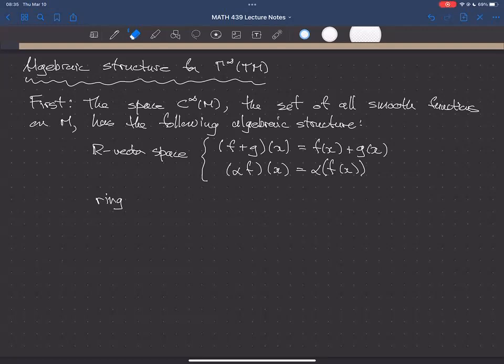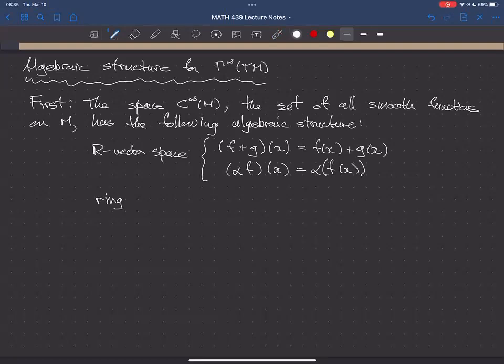The addition is going to be the same as addition here. And the multiplication is not going to be multiplication of a function with a scalar, but the multiplication of two functions. So a ring has an addition and a multiplication, and the multiplication will be commutative. So this is what's known as a commutative ring.